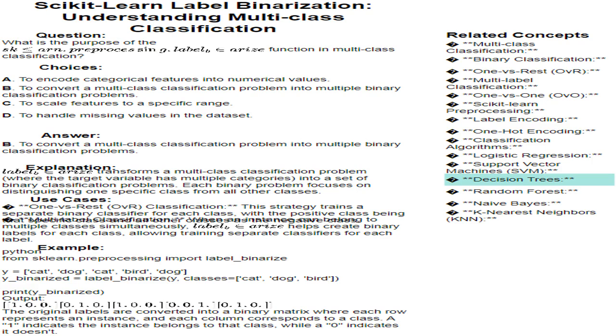Decision trees: tree-like models that partition data based on features to create branches. Each branch leads to a prediction based on the features at that node. Random forest: an ensemble method that combines multiple decision trees to improve prediction accuracy. It reduces overfitting and improves generalization performance. Naive Bayes: a probabilistic algorithm based on Bayes' theorem.